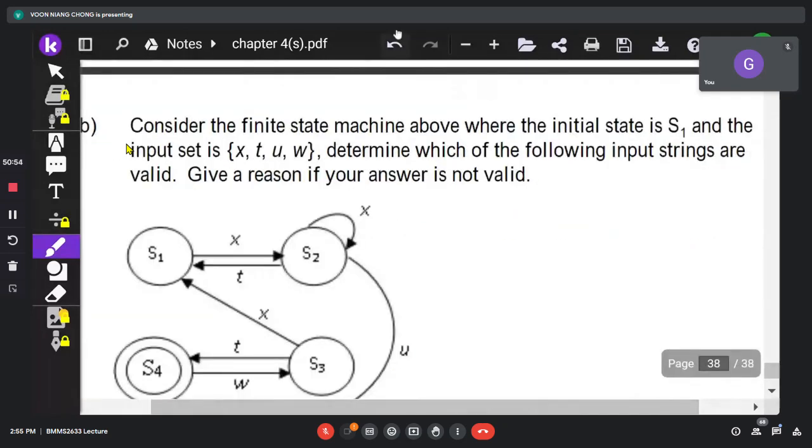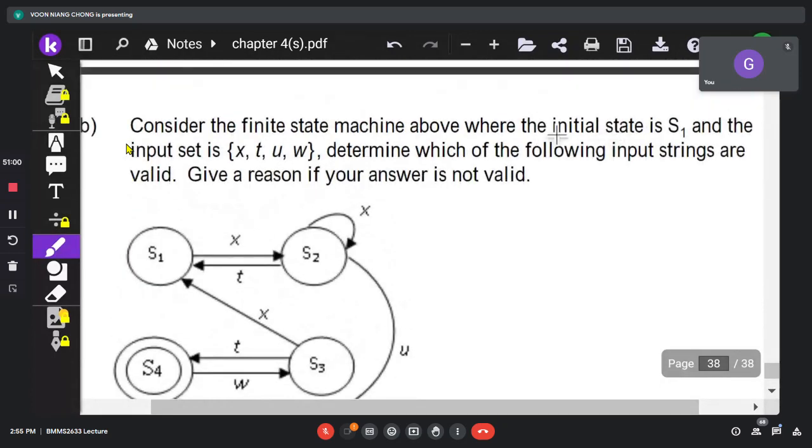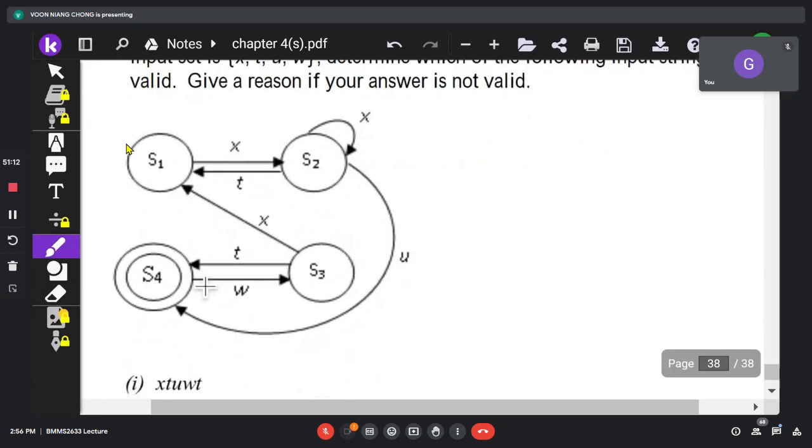And for this one, the question here asks for the final state machine, where the initial state is S1 and the input set X, T, U, W, determine which of the following input strings are valid. Meaning that which input string will reach the acceptance state.